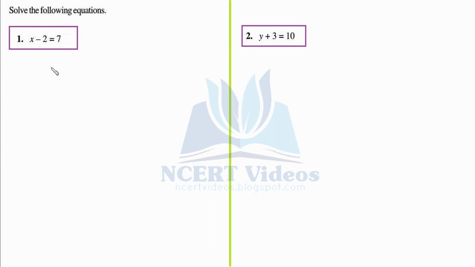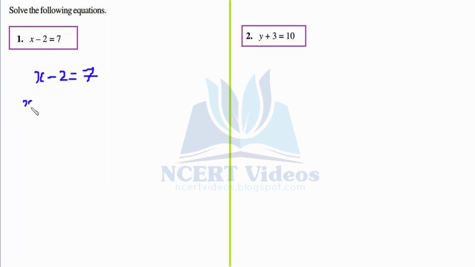So here we go. We have x minus 2 equals 7. Now we would transpose 2 towards the right hand side, and here it is negative, so we will add plus 2 here. The sign will change.